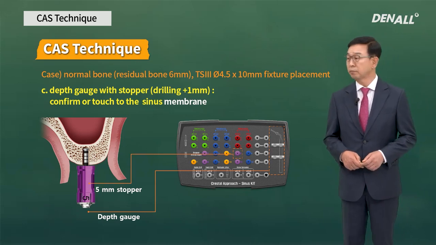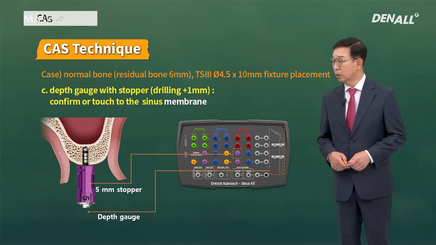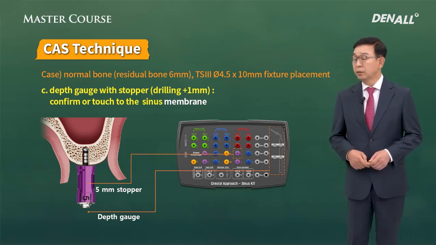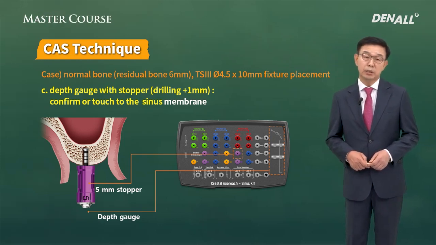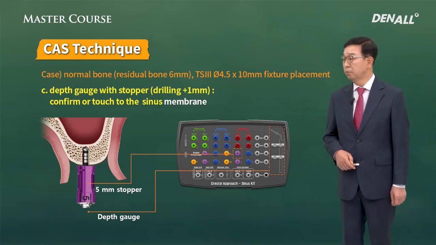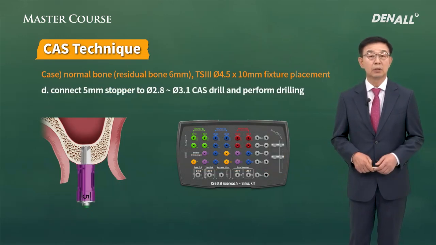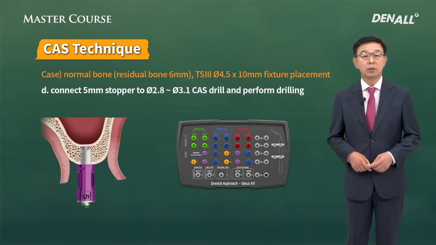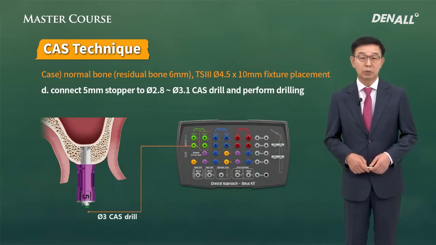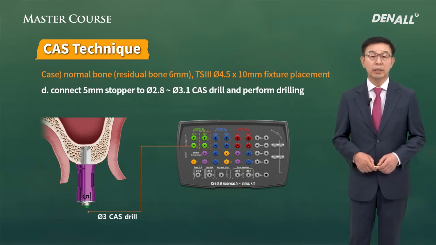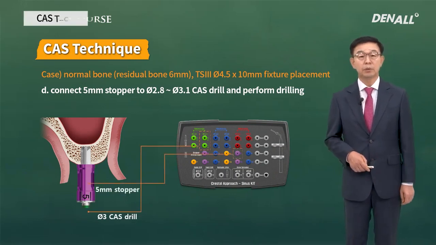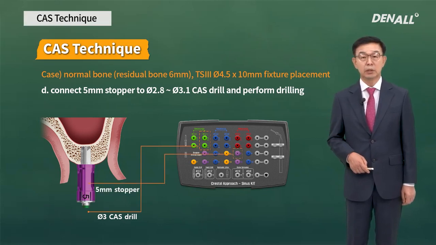If you are a beginner and have difficulty noticing the tactile sense you get when the sinus floor is penetrated, if you use 1 mm longer stopper and check, you can check the sinus floor fairly safely. Next, depending on the surgeon, in 2.8 or 3.1 CAS drill, 5 mm stopper is used and drilling is done.